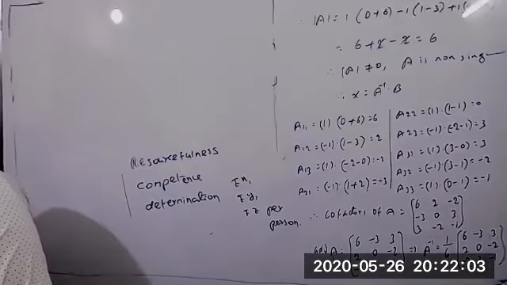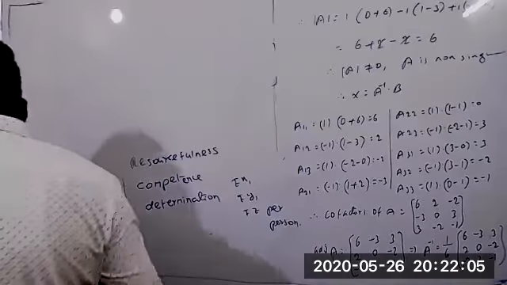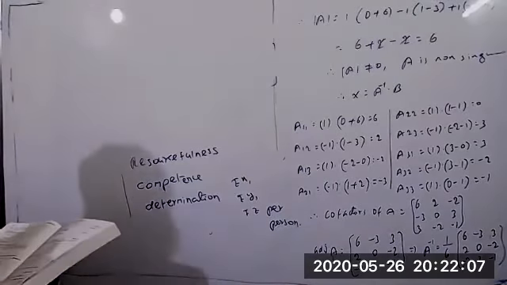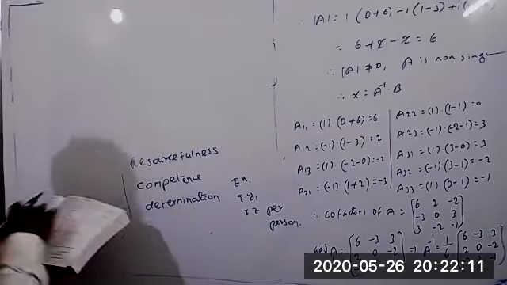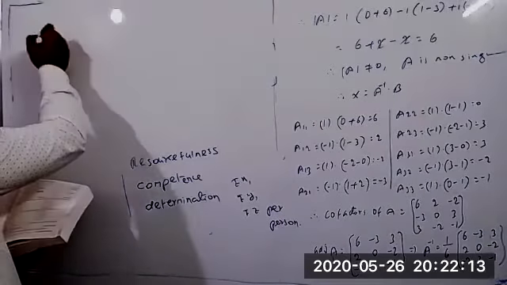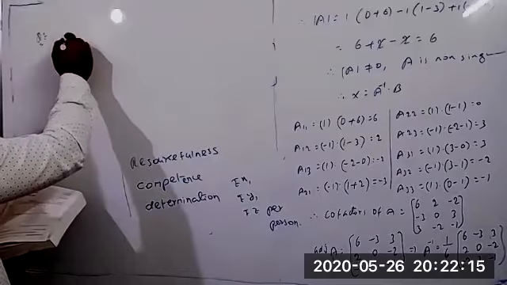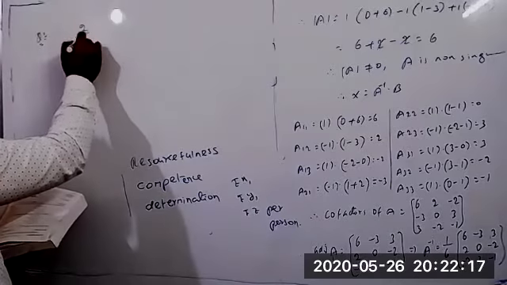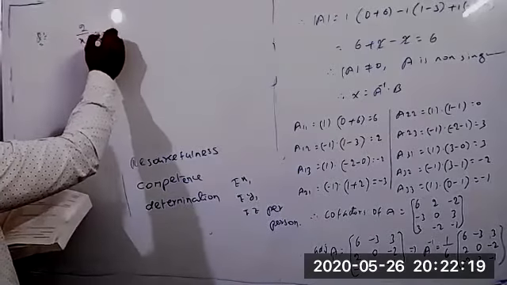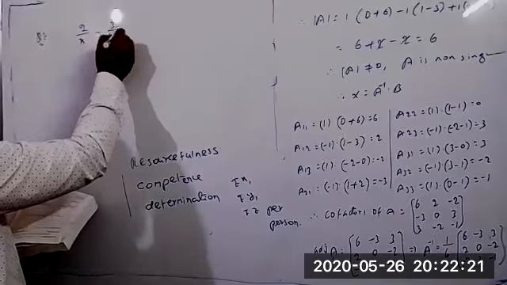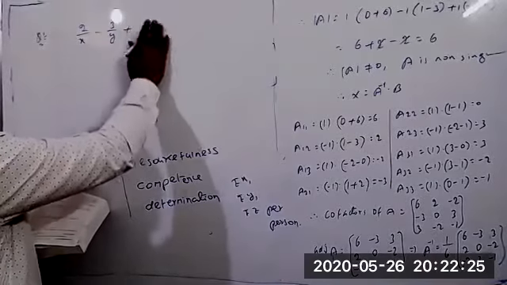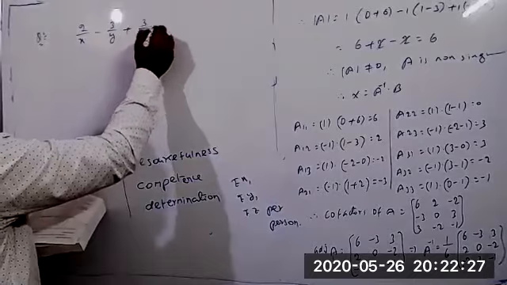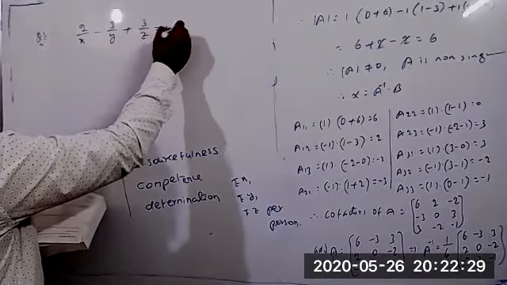Solve the system of equations by matrix method. First equation: 2 by x minus 3 by y plus 3 by z equal to 10.